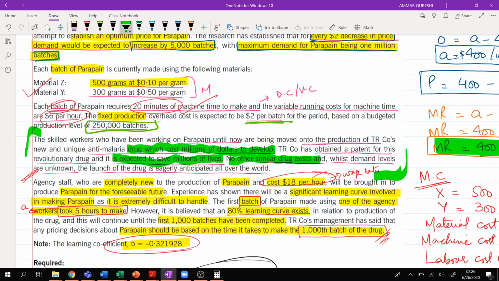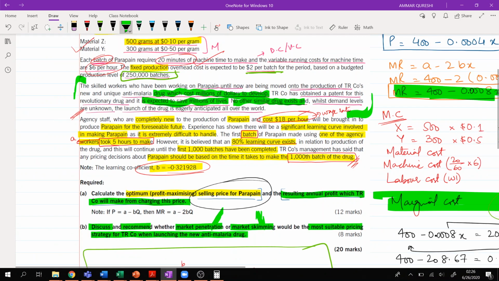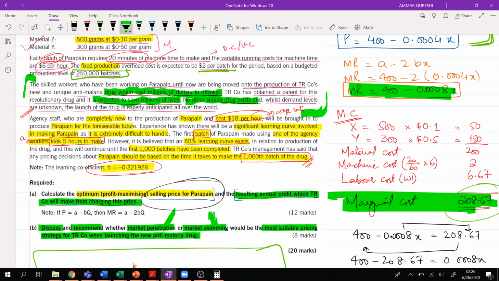But you see, there's no perfect answer here, but we can write it like this. Let's look from the viewpoint of the company. Since the company has spent so much money on it, since there is no other competitor in the market, we got the patent, and people really want this product, right?